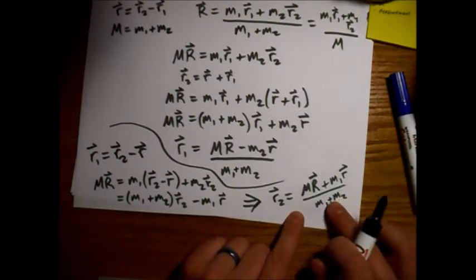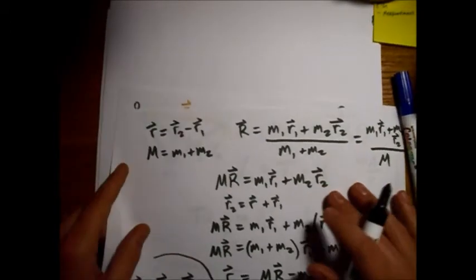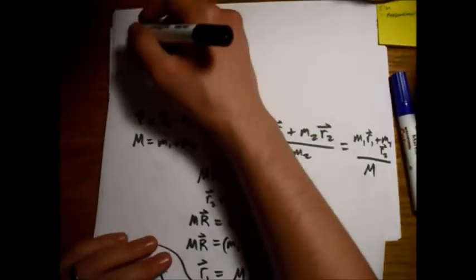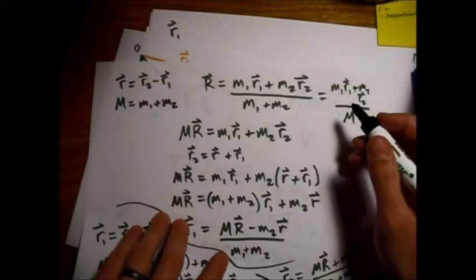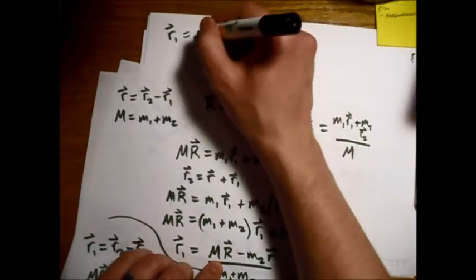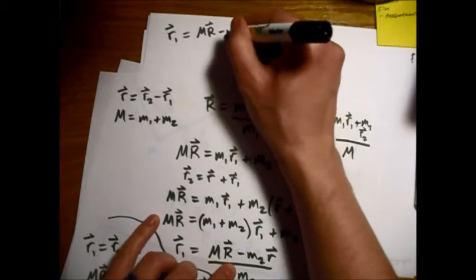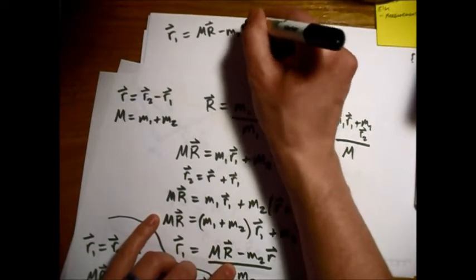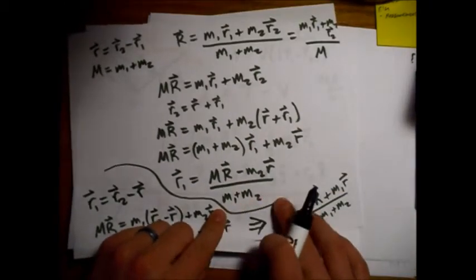And again, this, I could have just written big M. All right, so let's clean these up real quick. Here we have R1 equals big M R minus M2 R. I'm going to write this term as big M now.